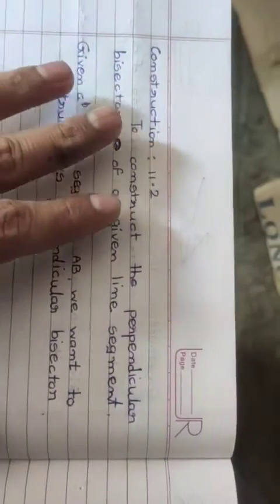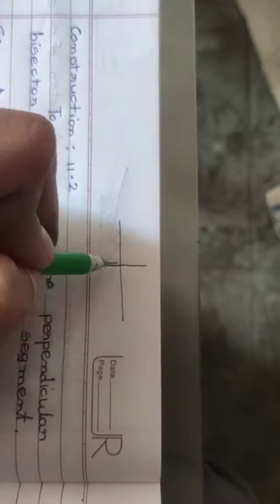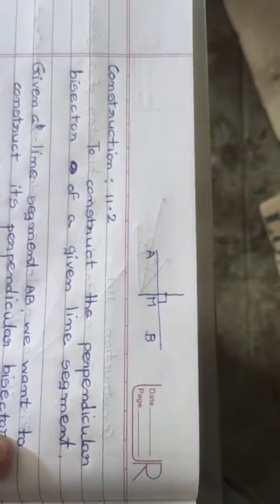Now construction 11.2, right? Now to construct the perpendicular bisector of a given line segment. Perpendicular bisector of a given line segment means the line which passes through the center of this line segment and makes a 90-degree angle.